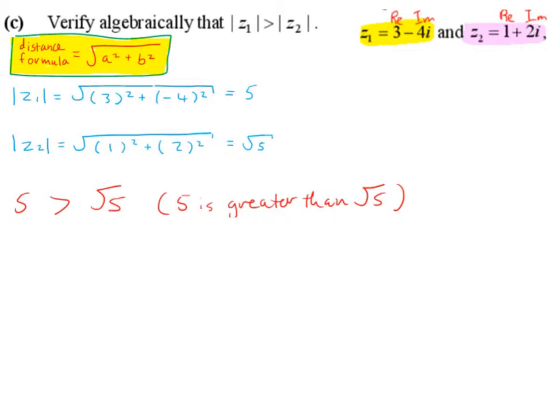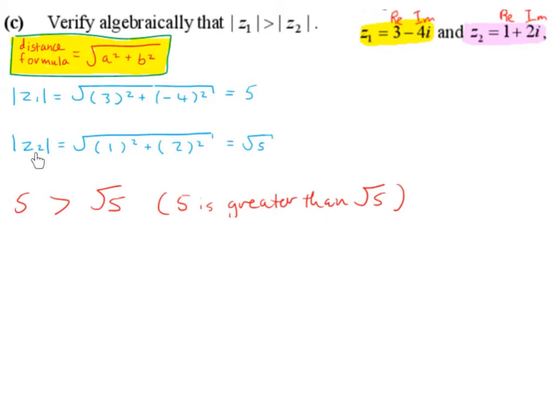Very important that we use brackets. 3 squared is 9, minus 4 squared is 16, 9 plus 16 is 25, and the square root of 25 is 5. So the modulus of z1 is 5, or the distance of z1 to the origin is 5 units.